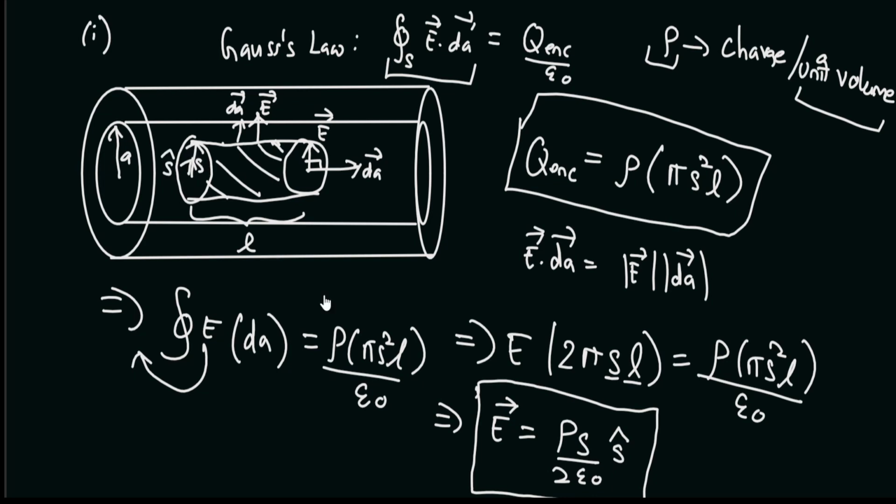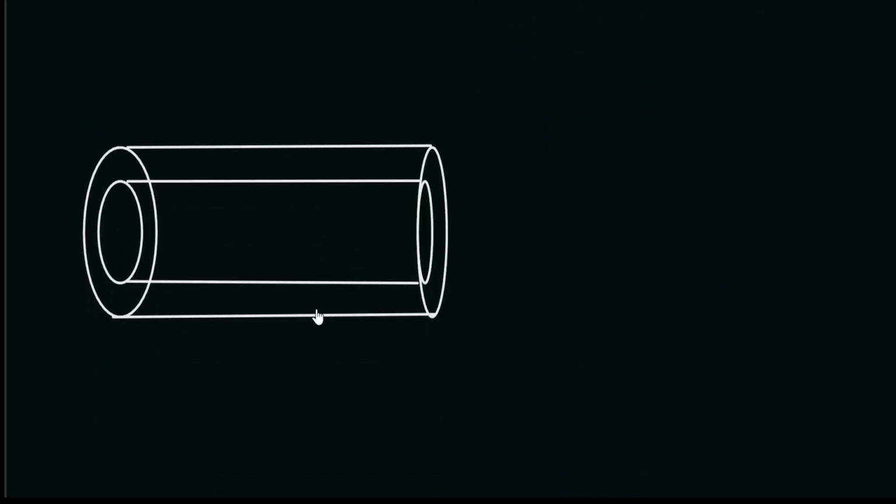Now for the second case, we have to find the electric field in between these two cylinders, that is somewhere over here. Let us say we have to find the electric field at this point. Then we draw a Gaussian surface passing through this point. It will be a cylinder again.